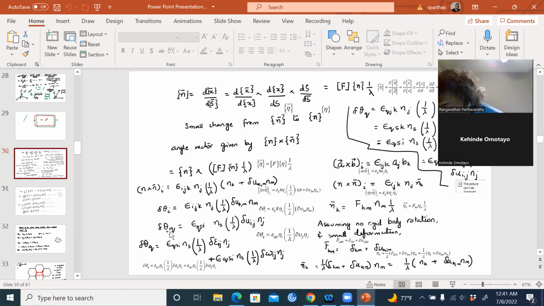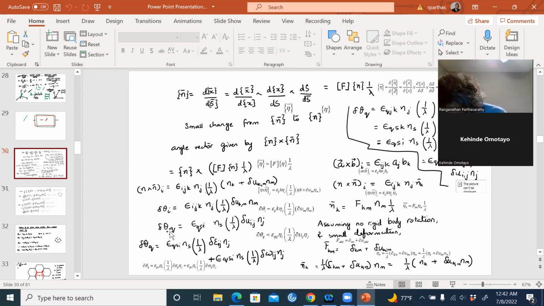So there I just change the indices. So I put Q, S, I. Okay, let me write out what I'm doing and compare it. Q, S, I. So epsilon Q, S, I. Then it should be NS, yes.